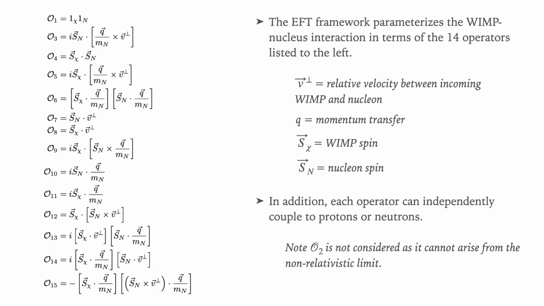Sorry, go ahead. Yeah, so 1 chi, 1 n: 1 chi is a number operator counting how many WIMP particles, and 1 n will count the number of nucleons. Okay, so these operators do not appear as they look in the Lagrangian because the fields are missing.